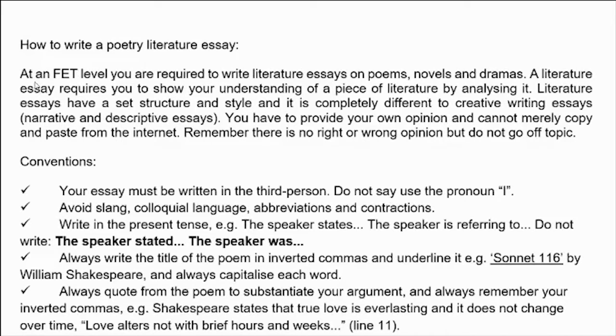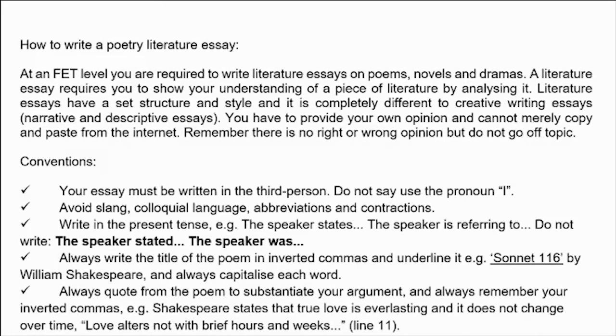At an FET level, you are required to write literature essays on poems, novels, and dramas. A literature essay requires you to show your understanding of a piece of literature by analyzing that specific literature. Literature essays have a set structure and style, and it is completely different to creative writing essays.